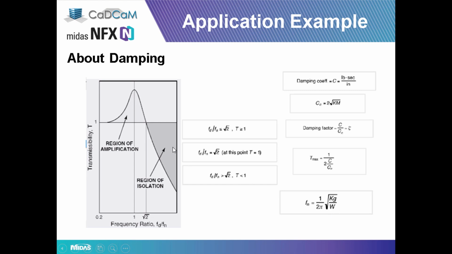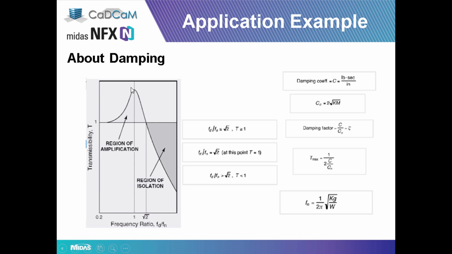We should strive to be in this area, because this area is the region of isolation, and 2 numbers should be taken into account. One of them is f desired over fn, the natural frequency of the system, which should be the square root of 2, and this is the border between the amplification and the isolation.